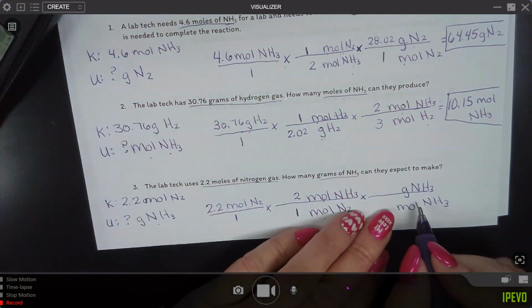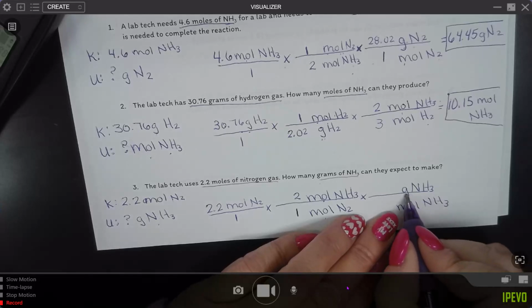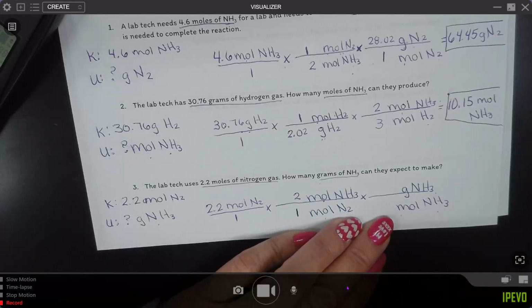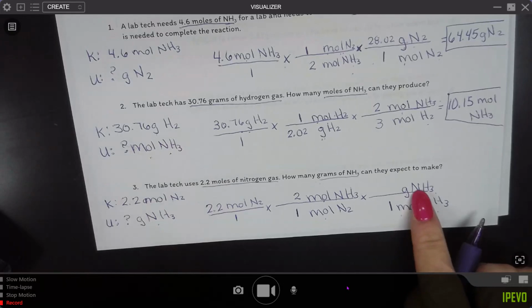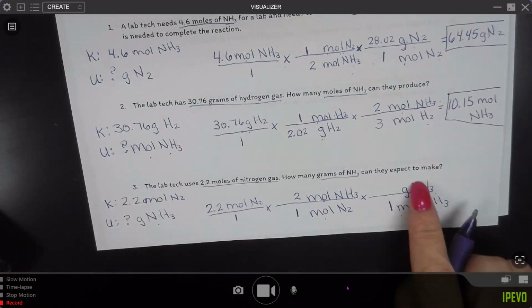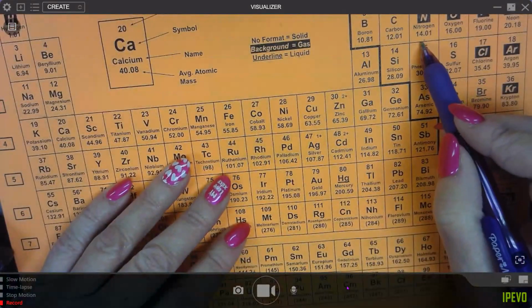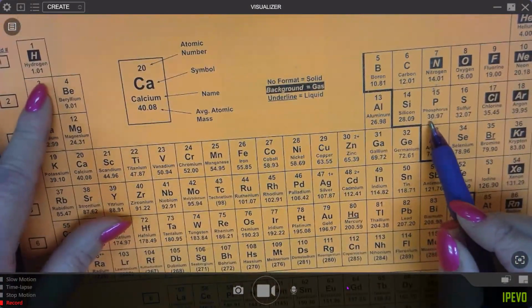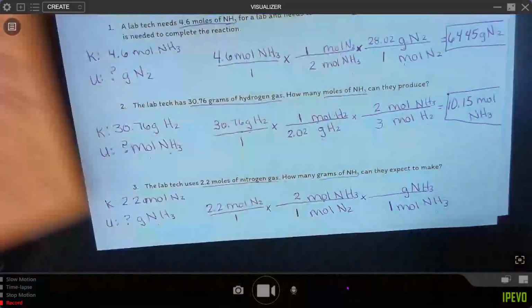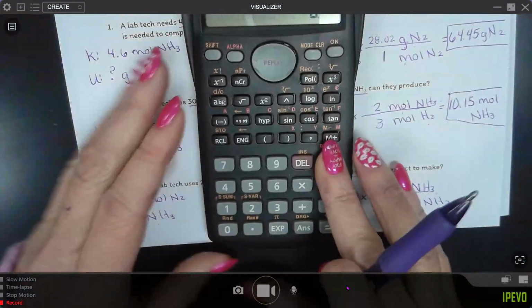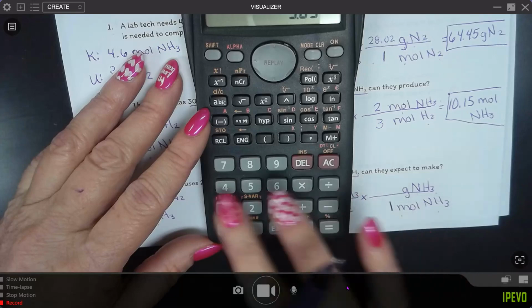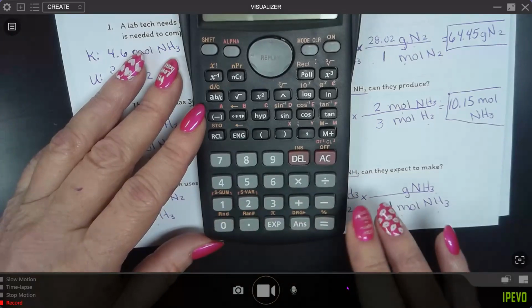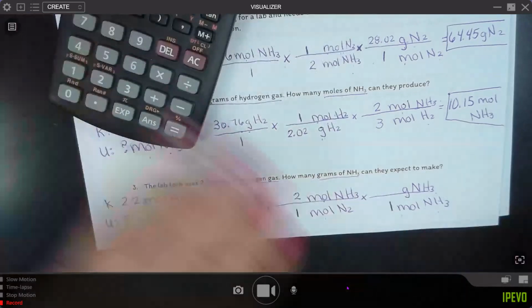So now, this last bit, I have grams of NH3 and moles of NH3. So when I've got it with moles, it's always 1. When I've got grams, I have to look at my periodic table. So 1 nitrogen, 3 hydrogen. All right, so nitrogen is 14.01 and hydrogen is 1.01. So 3 times 1.01 plus 14.01 gives me 17.04.